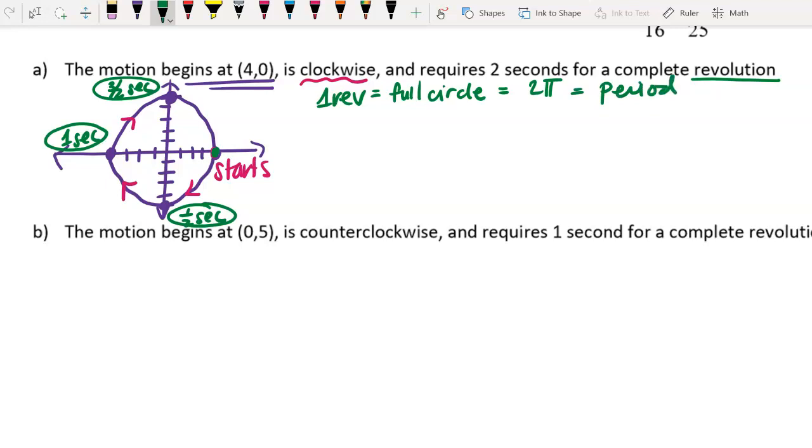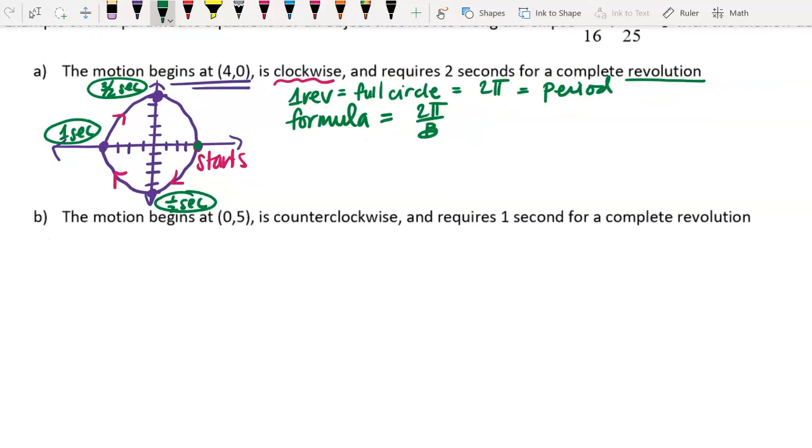Yes, no, or maybe? True, false? Yeah, all of those are the same language. Okay. Now, what is the formula for a period? What's the formula to find a period for sine and cosine? 2 pi divided by b. Okay. All of that is related.